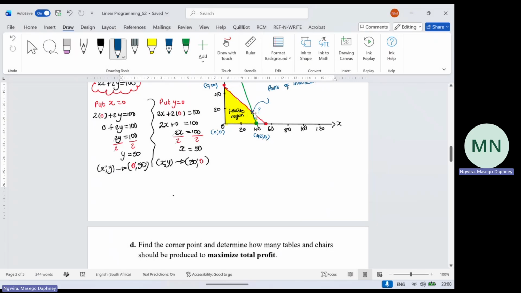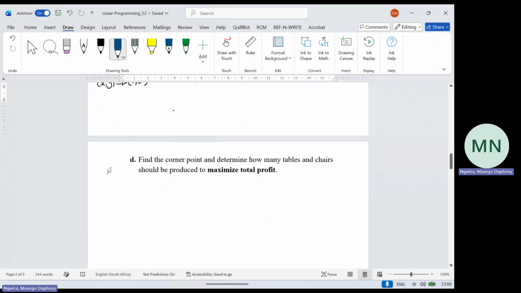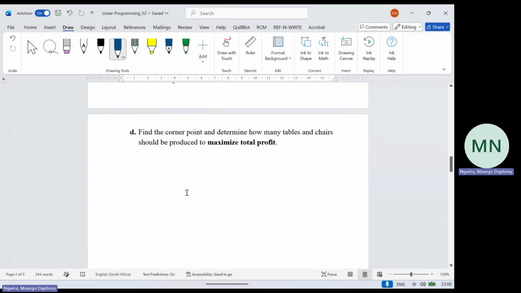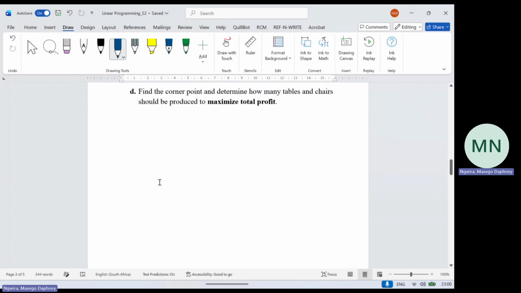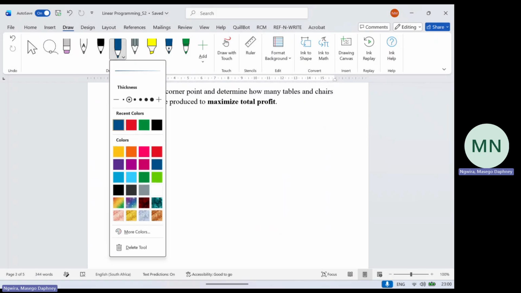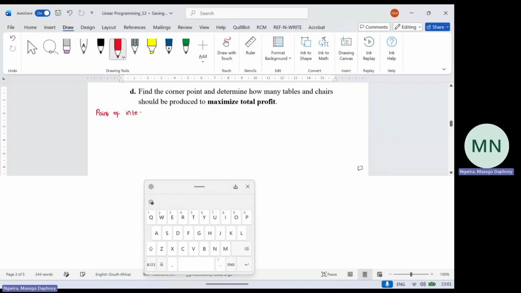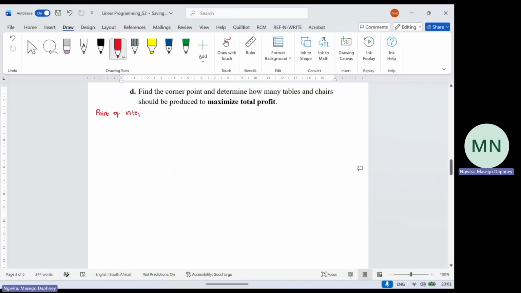So I need this point of intersection first before I can do anything. That's the first thing we need to look for, and then the rest will follow. We solve it simultaneously, before I can even do the table of my corner points.